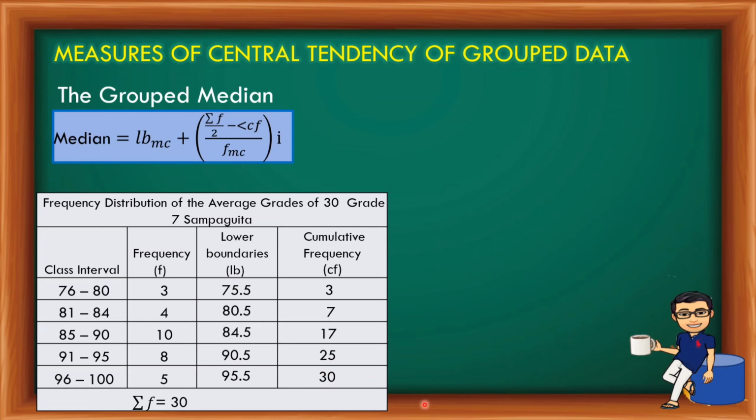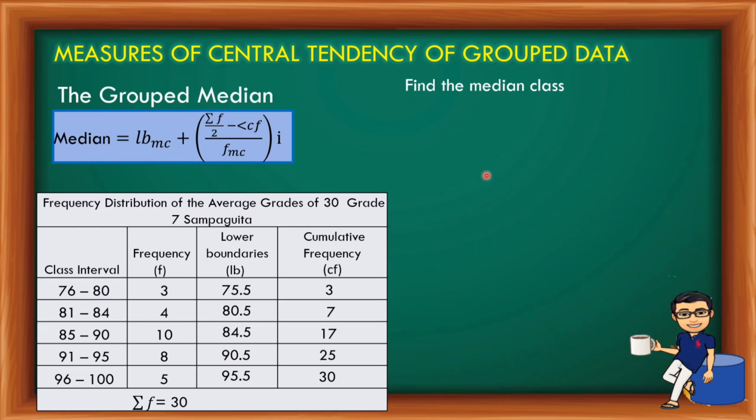Ayan, nagamit na natin, nagawa na natin ng table, nakuha na natin ang lower boundaries na kailangan natin. Same as cumulative frequency na nakuha na rin natin na kailangan sa formula ng median. Next thing to do is to find the median class. Para malaman natin ang median class, ito yung formula, summation of f divide 2.